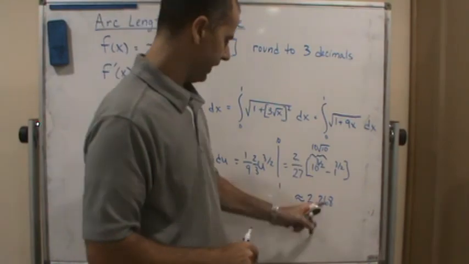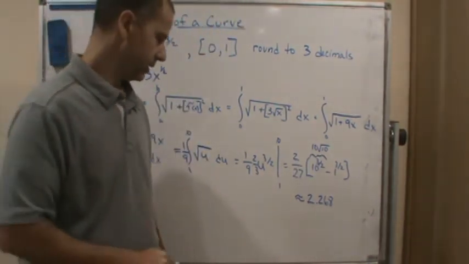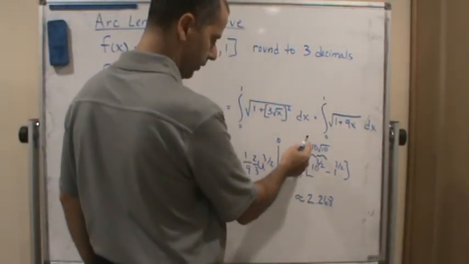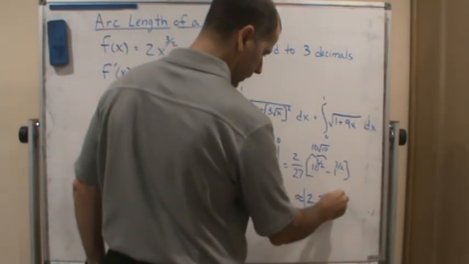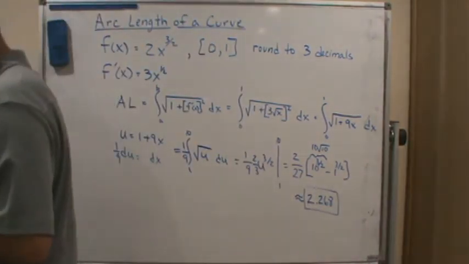In any case, you still get the same answer if you put it in your calculator this way or that way. So this is the approximate arc length.